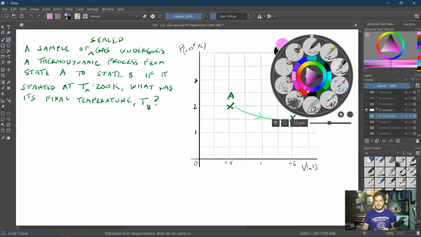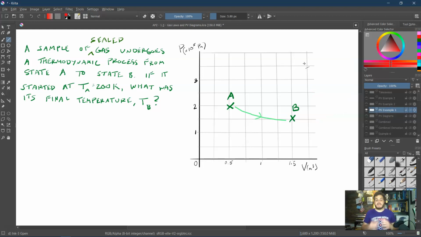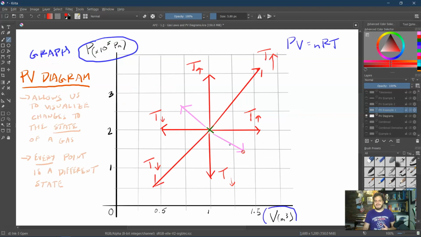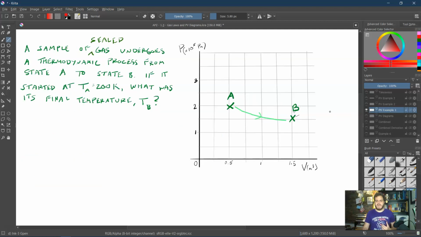Imagine we have some sample of sealed gas, and it undergoes a thermodynamic process from state A to state B. So on this PV diagram, we go from state A, and it's going to change to state B. Now you'll notice, if we looked at the previous slide, we don't necessarily know if that means the temperature is going to go up or down.